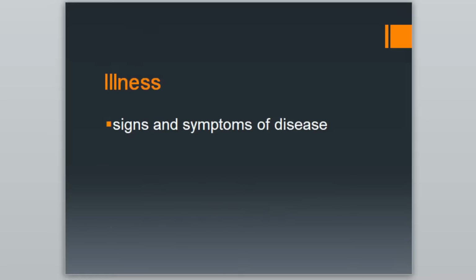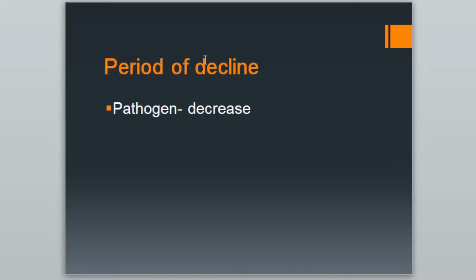Now coming to the illness period. In this illness period, your signs and symptoms are very obvious and severe. Now you can define which disease you have contracted. Now, coming to the period of decline.